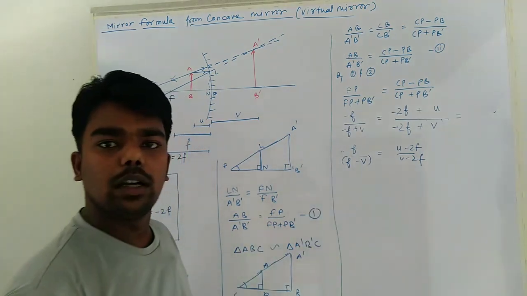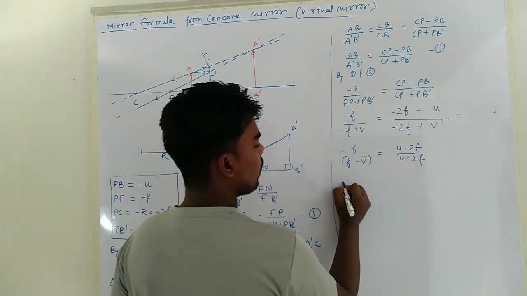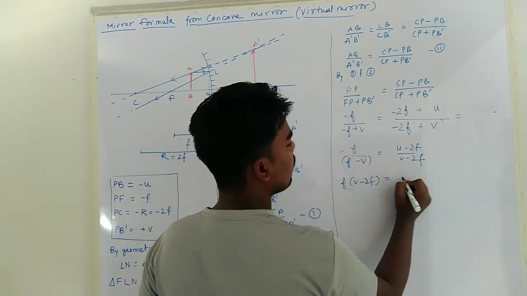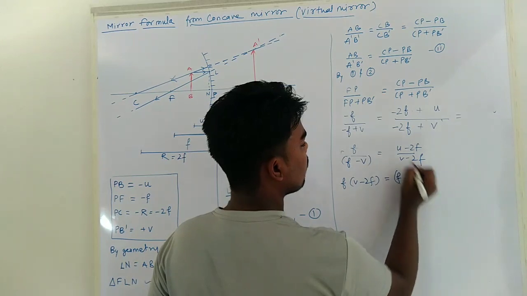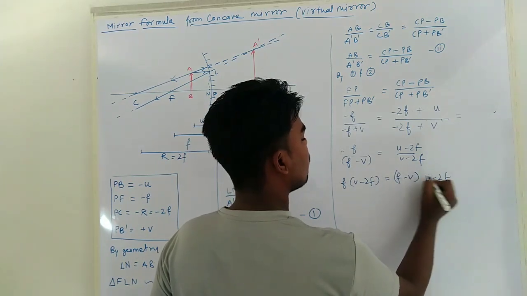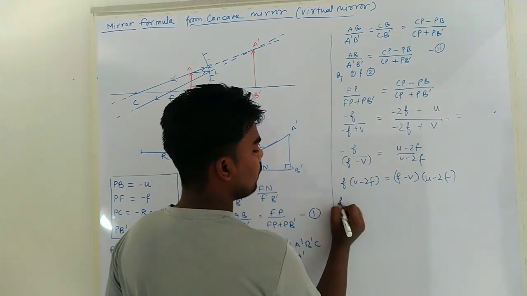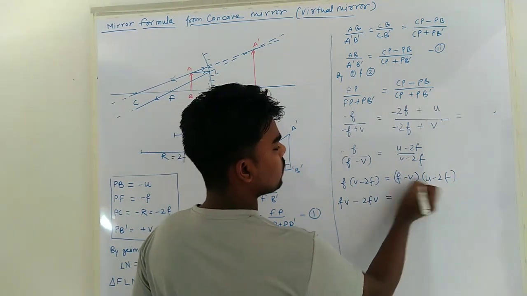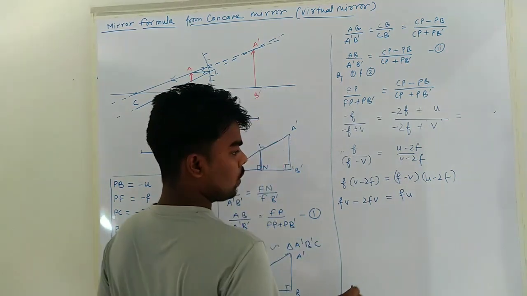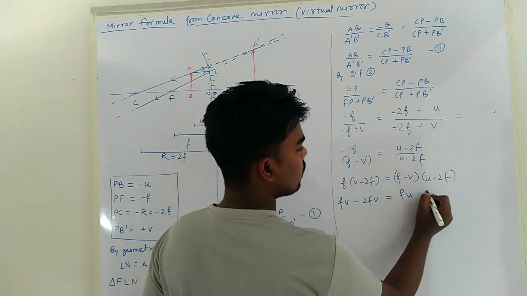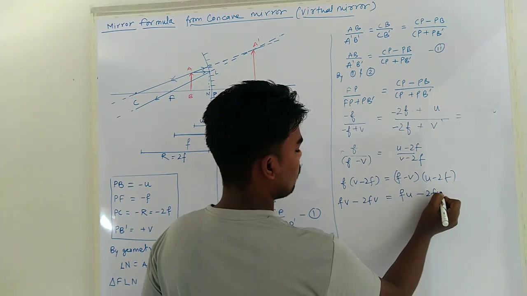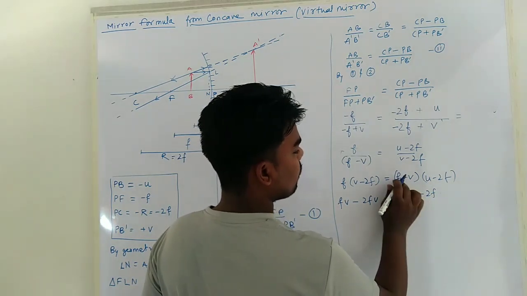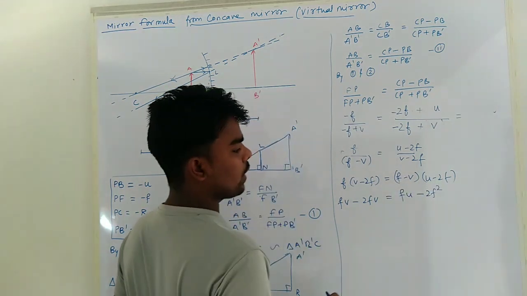Now just cross multiply it. So F into V minus 2F, and F minus V into U minus 2F.